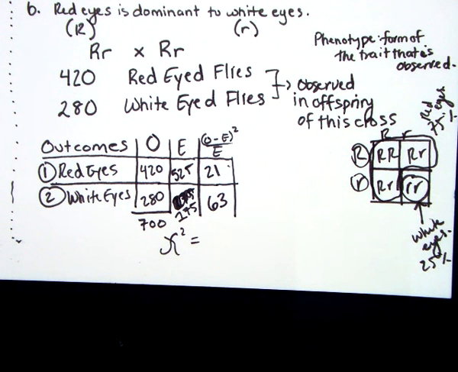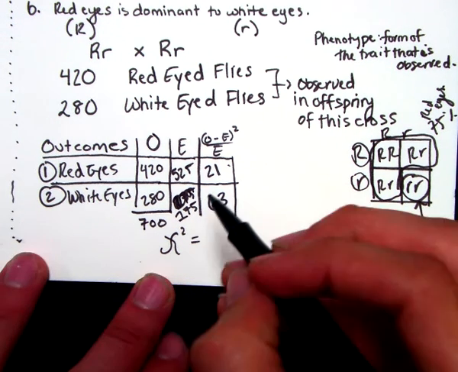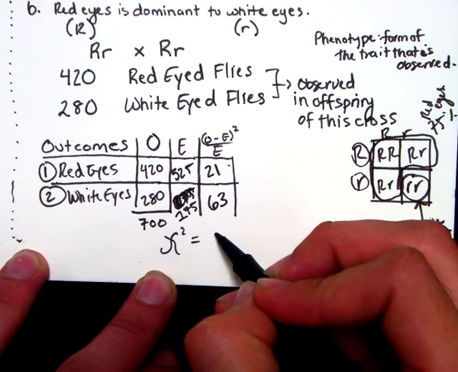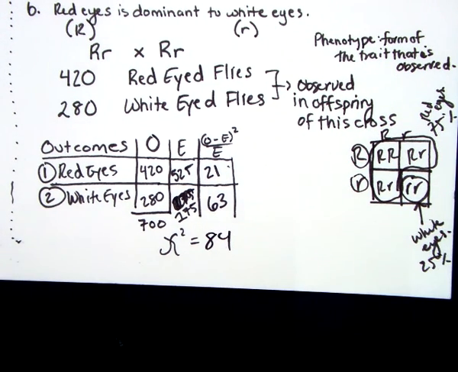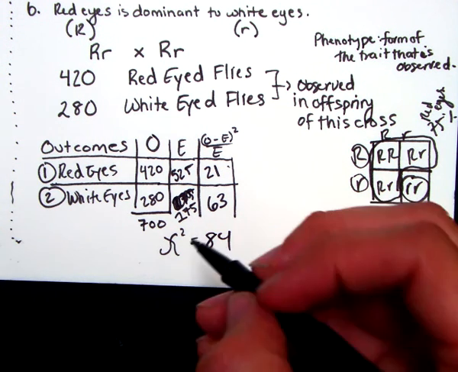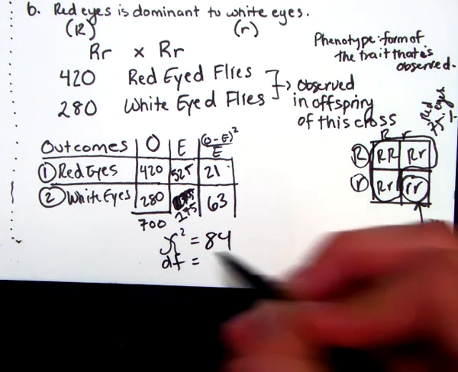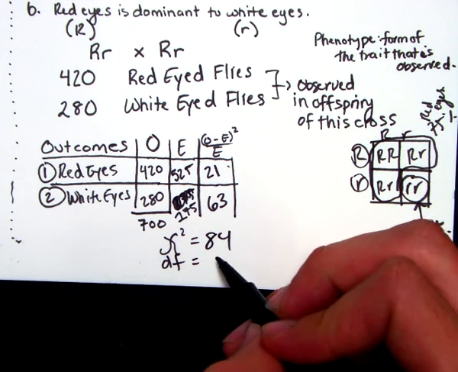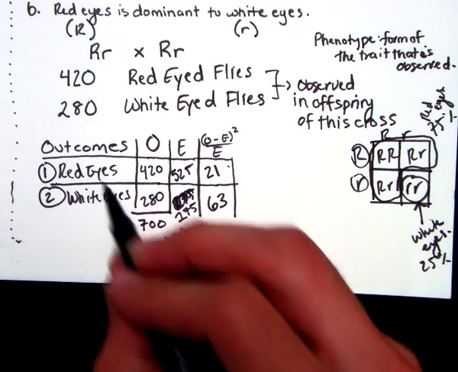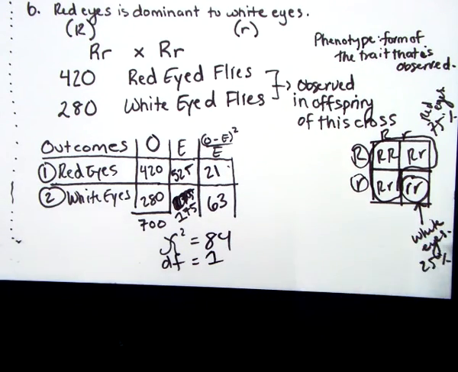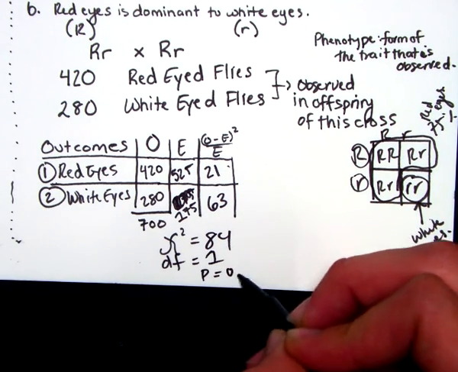So 63, that means our chi-squared is what, Jovito? What's our chi-squared? 84. So chi-squared is 84. Let's go to our degrees of freedom. What's our degrees of freedom again? Should be 1. Right, we have two outcomes again, so our degrees of freedom will be 1. P-value is 0.05.